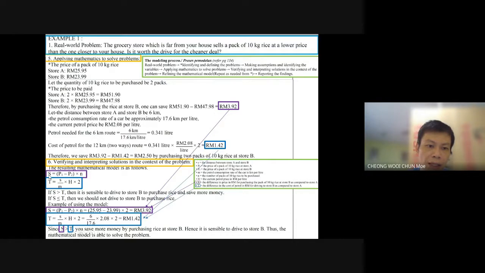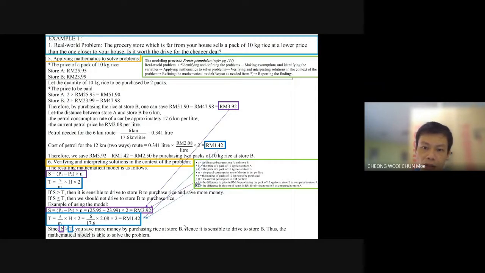Here there's S and T, which were mentioned earlier in number 4, identifying the variables. The S is the difference between the price of the rice between store B and store A, and the T is the difference of the cost of petrol between store B and store A.